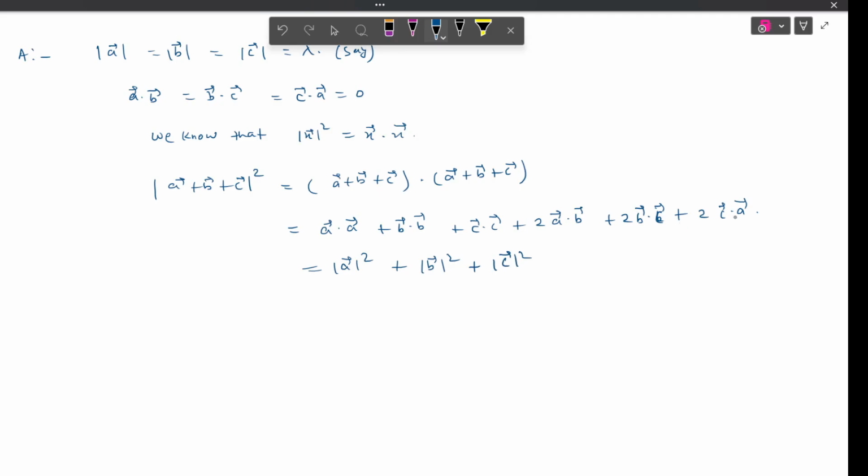And a dot b, b dot c, c dot a all are 0. It is given, right? And all of the magnitudes are same. So we can say this is 3 lambda square, that is equal to modulus of a vector plus b vector plus c vector square. So mod of a plus b plus c should be square root of 3 into lambda.